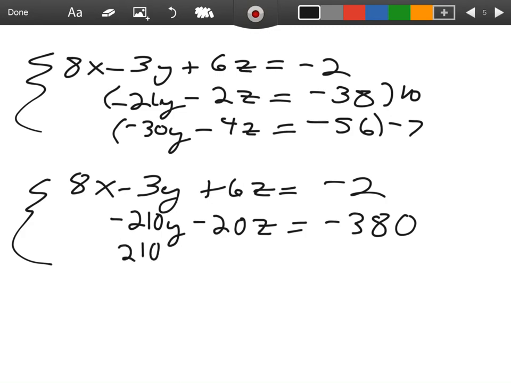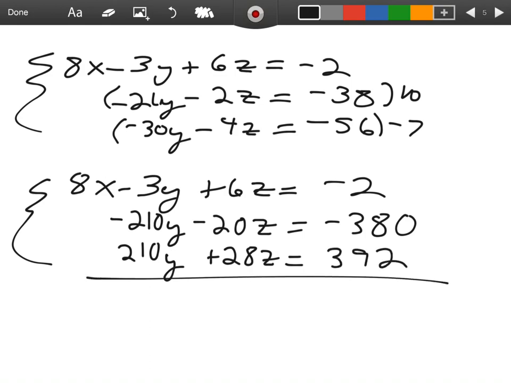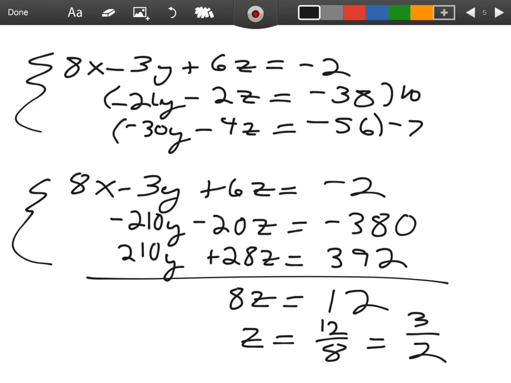Then we have 210y plus 28z equals 392. When I add those two together, I get 8z equals 12. So z equals 12 over 8, which is 3 over 2.